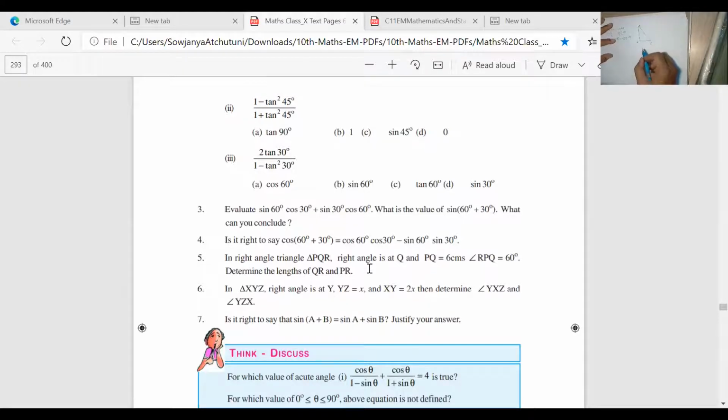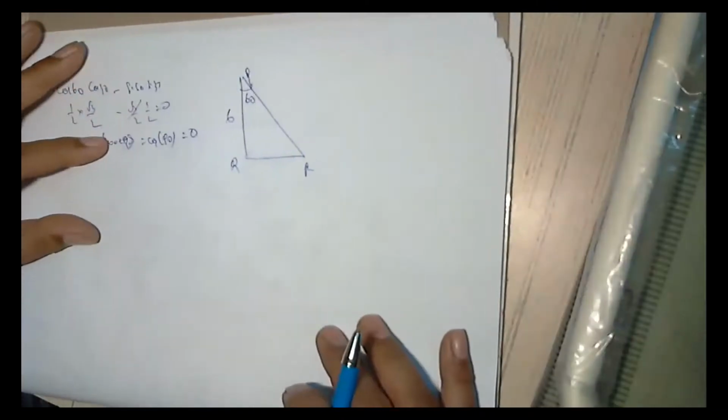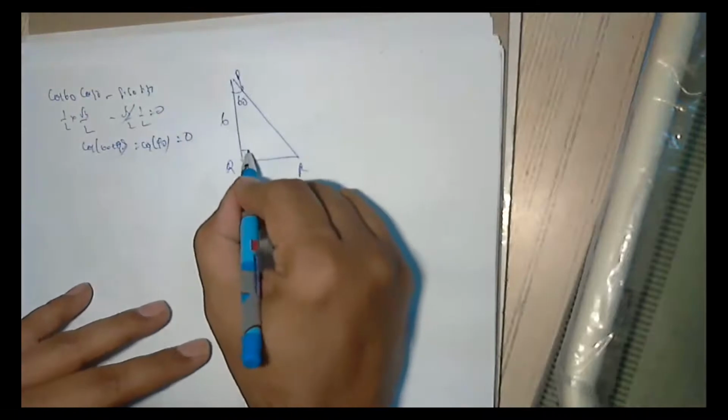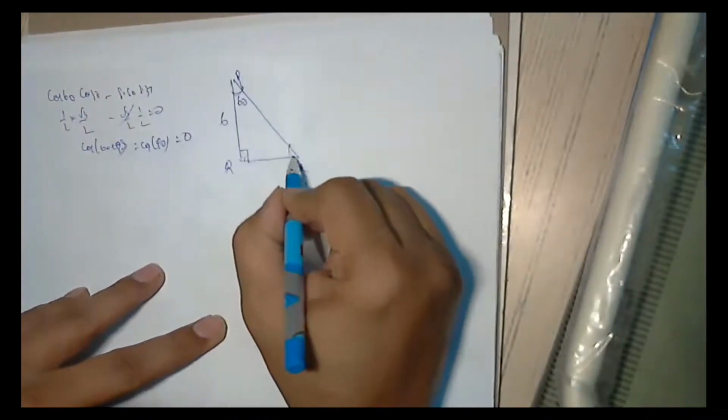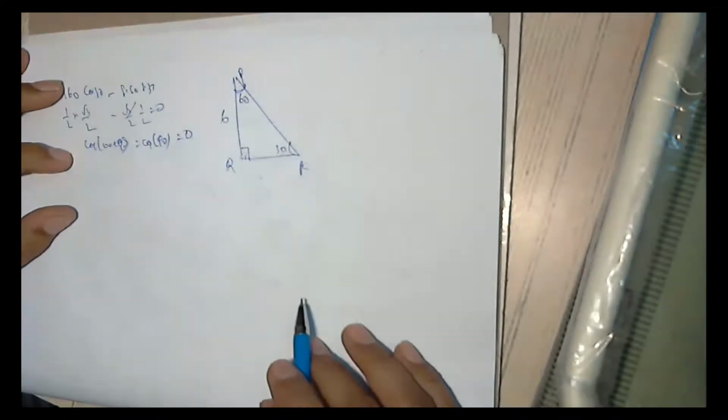See, it is a right angle triangle. RPQ is 60, so automatically this angle is 30. Then this side is 6. Then we have to find out the other two sides.